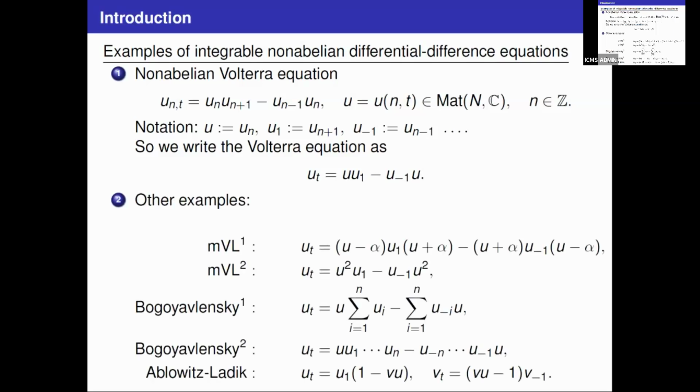Other examples: there are two different versions of the modified Volterra equation. Here alpha is a scalar parameter, so if you wish, alpha is alpha times the identity matrix. It's possible to study equations with non-abelian parameters, but we will assume that all the parameters in the equations will be scalar. This is the second version of the Volterra equation now.